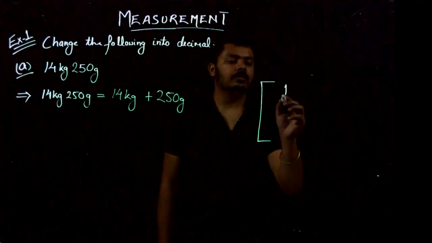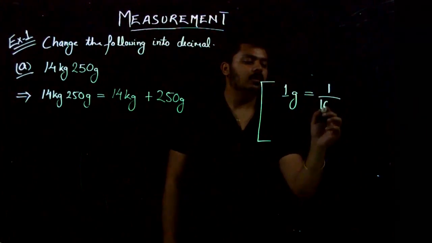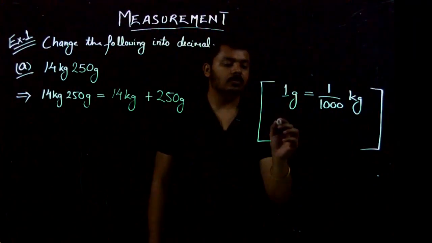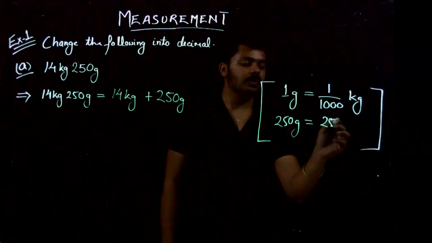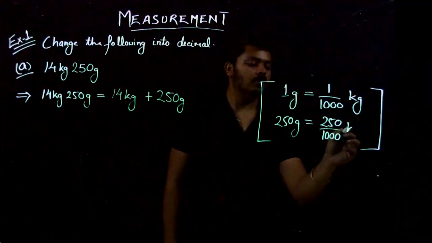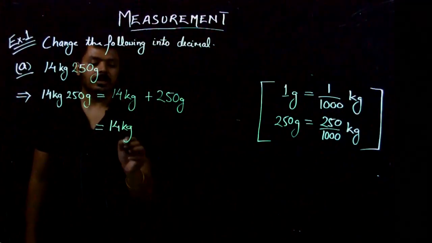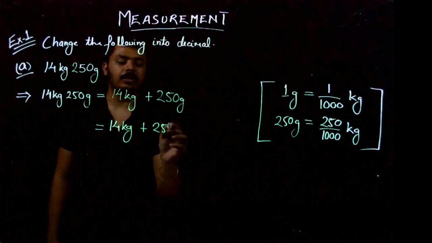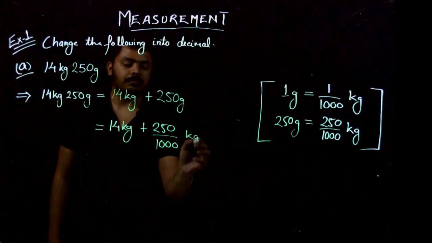We know that 1 gram is equal to 1 upon 1000 kilogram. So 250 grams will be equal to 250 upon 1000 kilogram. So 14 kg, and now let's convert 250 gram into kilogram. We write 250 upon 1000 kilogram.